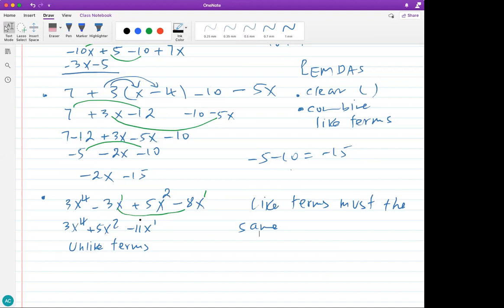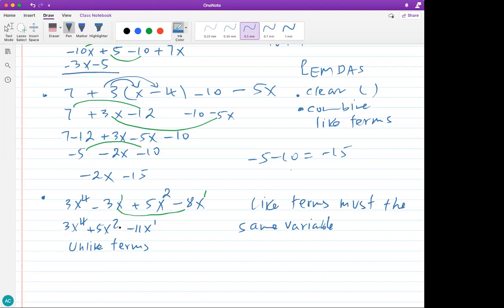Everybody, like terms, what do they have in common? Same letter or variable, either x or y or z or a or b or c. And what else at the same time? The same variable. And what else?